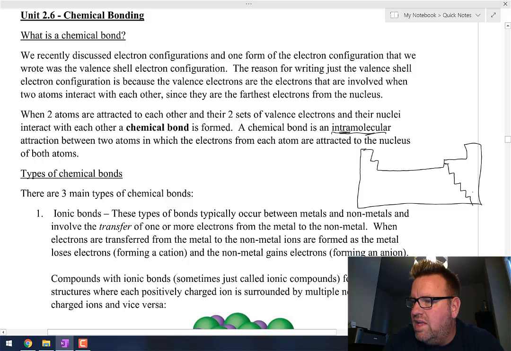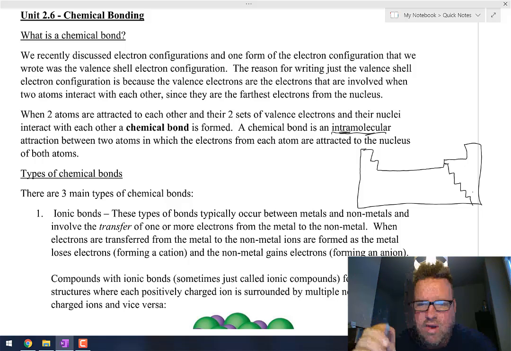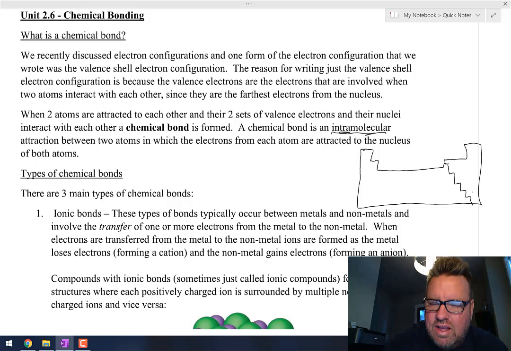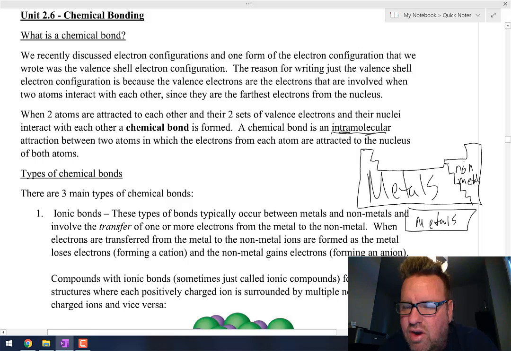Start right between boron and aluminum, then go down between aluminum and silicon, then between silicon and germanium, and just zigzag your way down. That line separates the metals from the non-metals. You can see there are way more metals than non-metals.